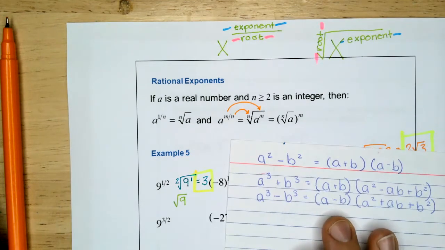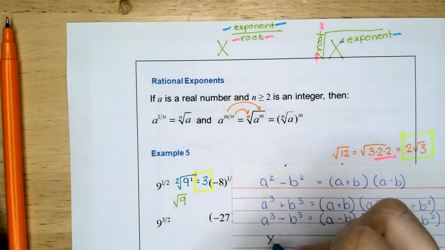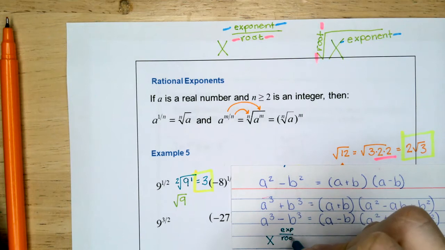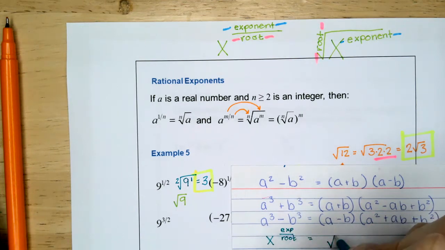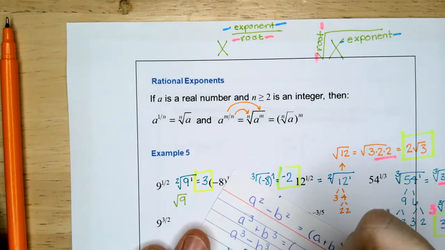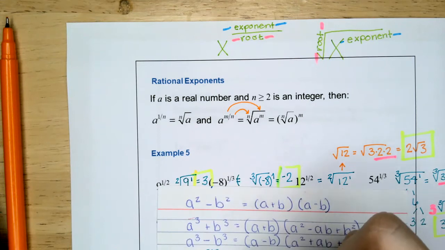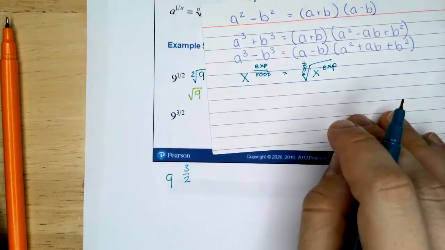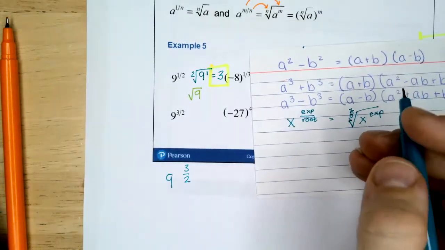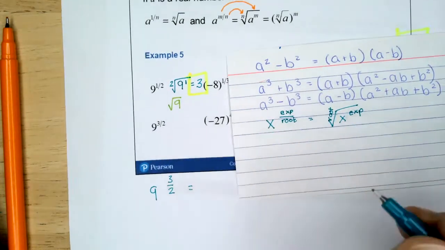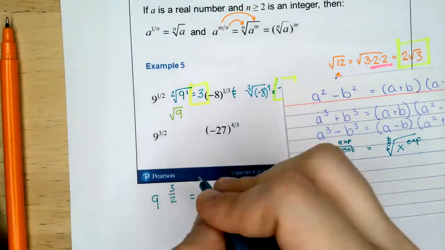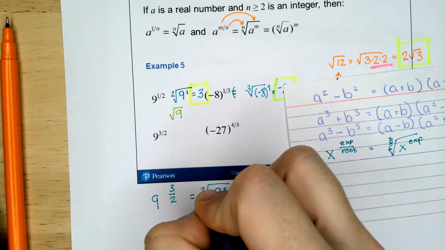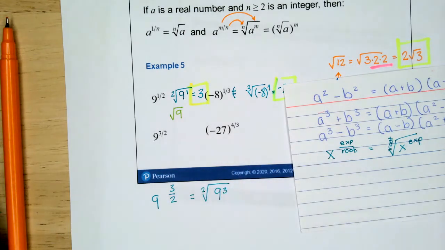So I have this, and now I have x exponent root becomes root exponent. Good. All right, so now we have that top number stays with the 9, and the bottom term becomes the root.